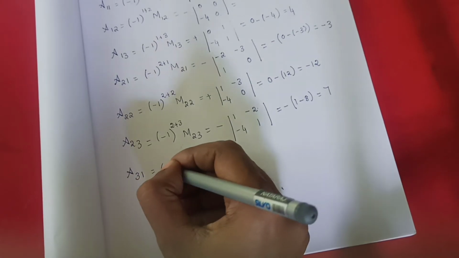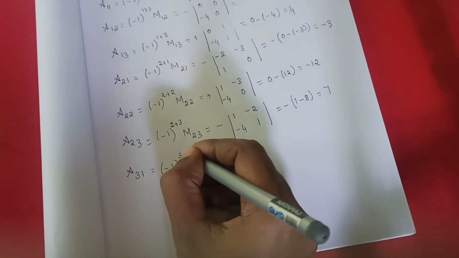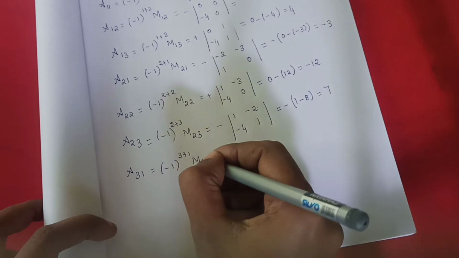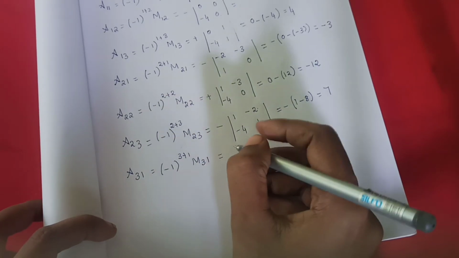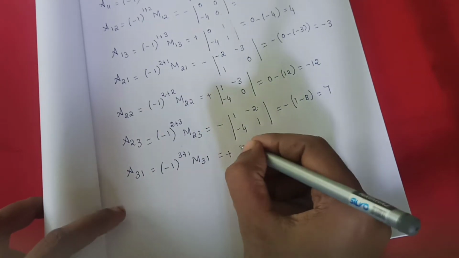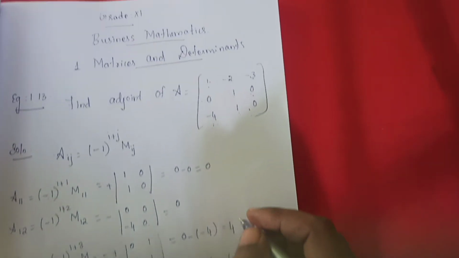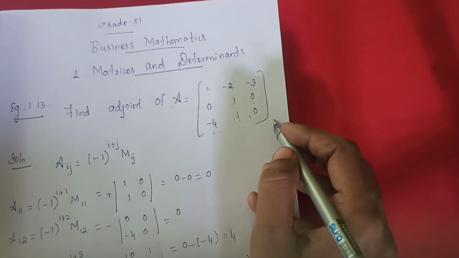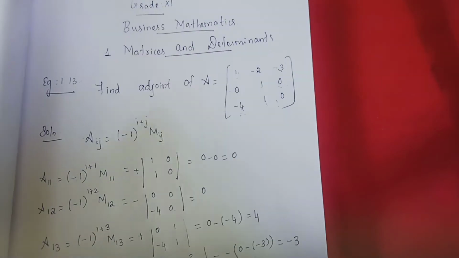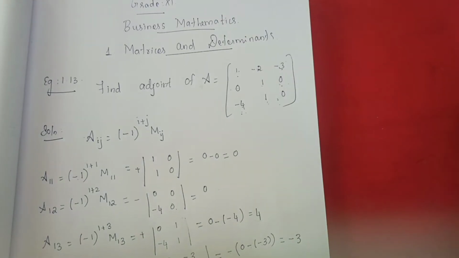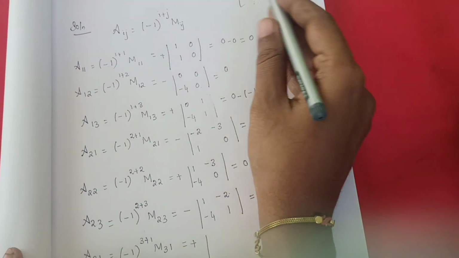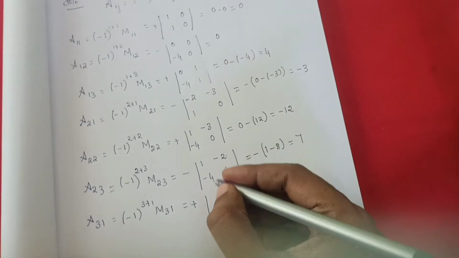A31. That's equal to minus 1 to the power 3 plus 1, M31. That's equal to, it is plus. So for this, this particular row and this column will cancel. So what's the balance you will get?